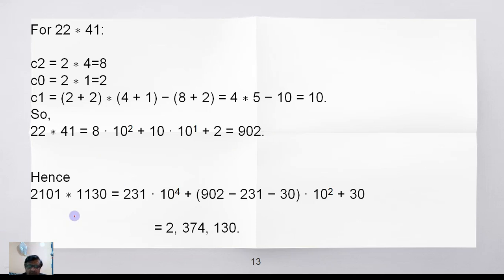Hence 2101 into 1130 will give us 231 into 10 to the power of 4, because n by 2 is 2 and this is 10 to the power of n.